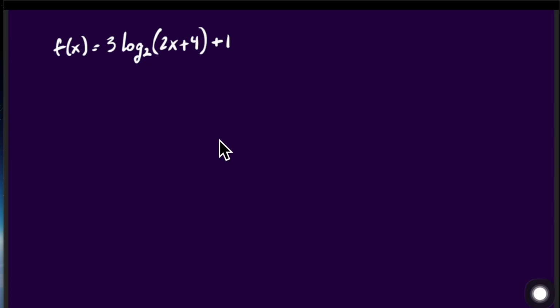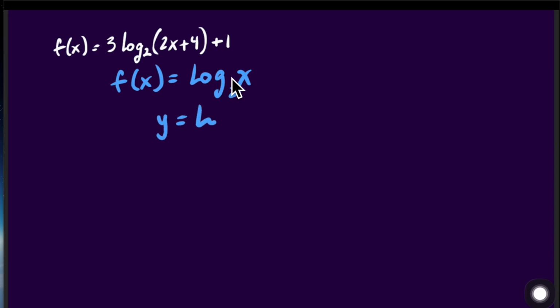Namely, we're going to go ahead and find a table of values for the parent function. In this case, that's going to be log base 2 of x, and then we're going to apply the transformations. So let's change this to y equals log base 2 of x, and if we apply what I call whirlybird, we're going to find that 2 to the y will equal x.